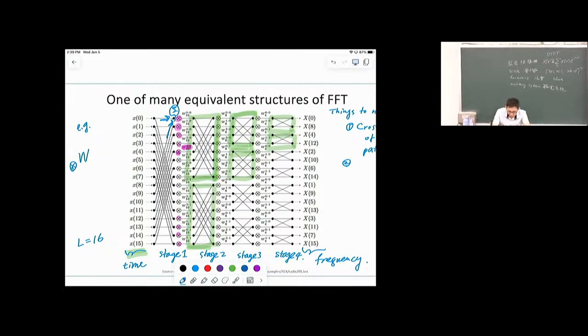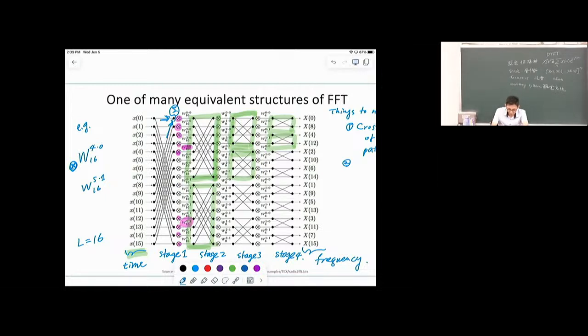We have a multiplier right here, a symbol right there, and nearby you find a factor, for example, W to the power of 4 times 0 sub 16, or here is an example, W to the power of 5 times 1, sub 16. Okay, so this needs some explanation.